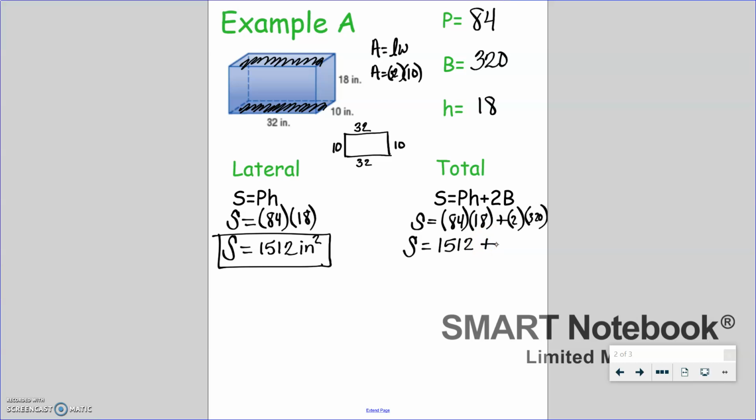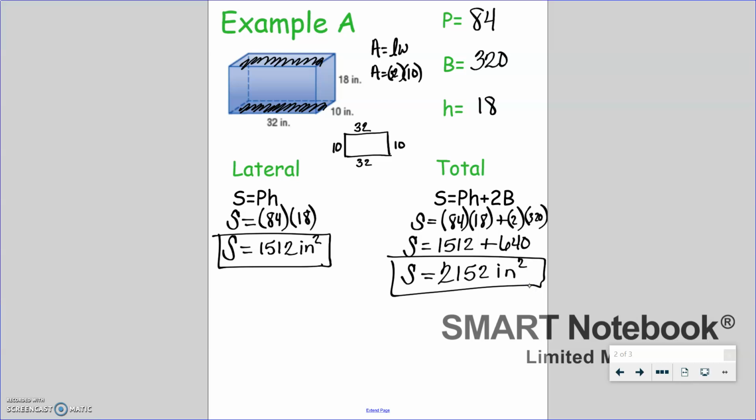And then we're going to add 2 times 320, and that gives us 640. And then we're going to add those two numbers together. And we get 2,152 inches squared. That is your total surface area.